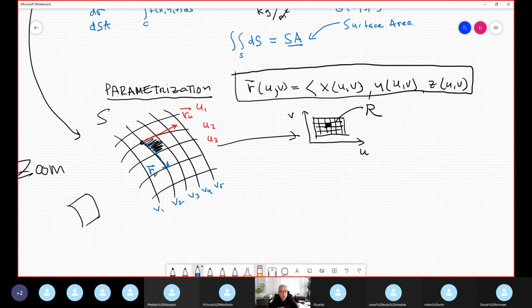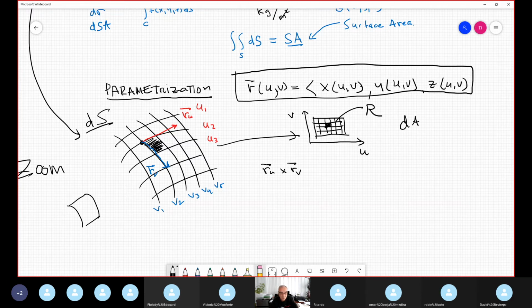So when you compute it, now if you multiply Ru cross product Rv. But wait a second. My goal is to determine dS, the differential dS. What is the relationship between dS and dA in this region?